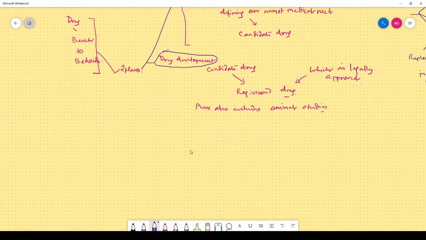Okay. So now the question is, who approves the drug? So there are regulatory agencies. Okay. In the US, it is the US FDA.